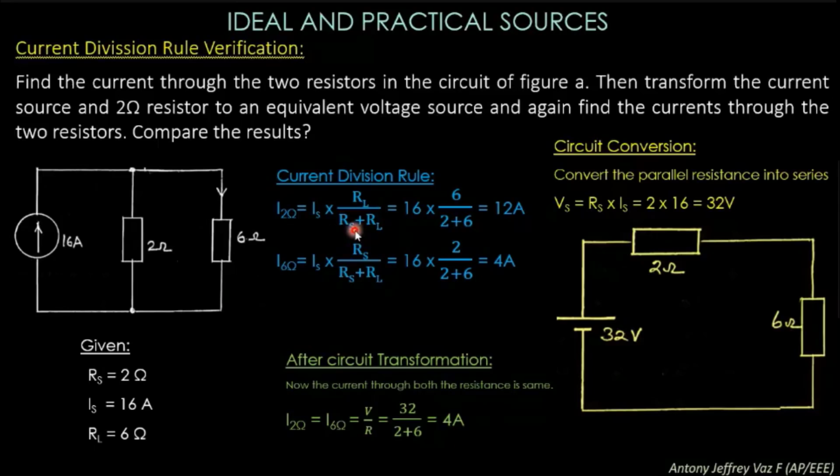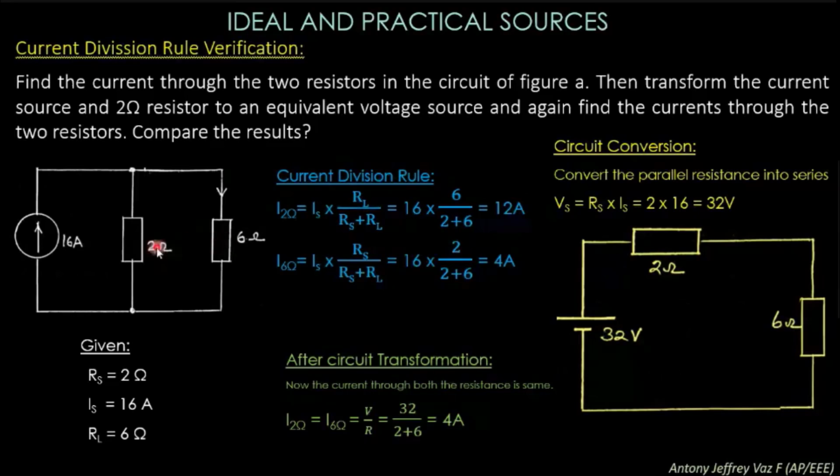To explain simply, to find the current through this 2 ohm resistance, you need to use 6 divided by 2 plus 6.